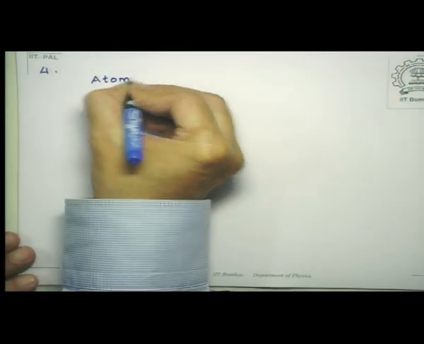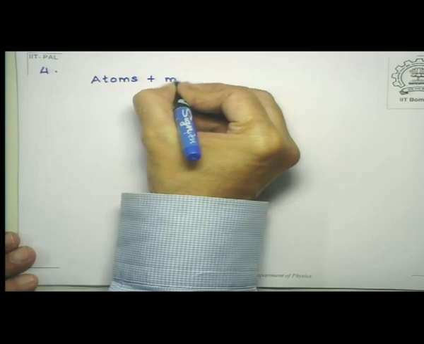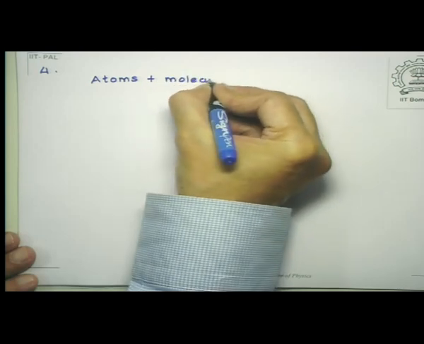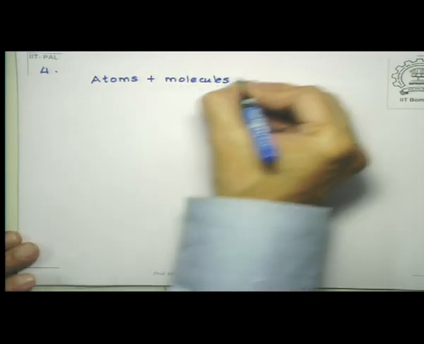So first thing that we know is all material consists of atoms and molecules, and so behavior of a material, electrical property or any other property for that matter, depends upon the atoms and molecules which constitute a matter and their interaction.